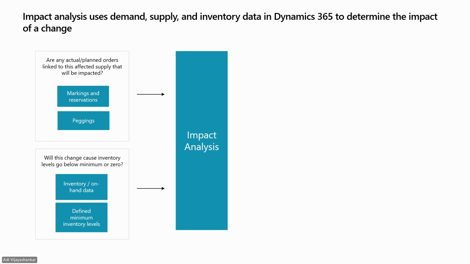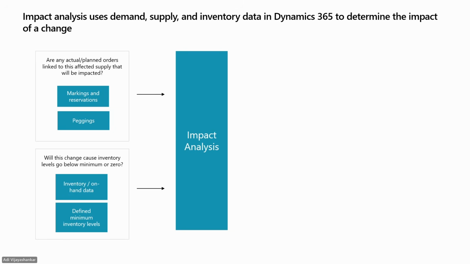For example, if there's a transfer order that links to a production order, another production order, and then a sales order at the end, it also shows the link traces from the changed purchase order down the link to show which orders will be impacted as a result of that change. Also important to note, if there are any projects linked to this affected or disrupted supply, it will also be shown in the impacted orders table as a project link.